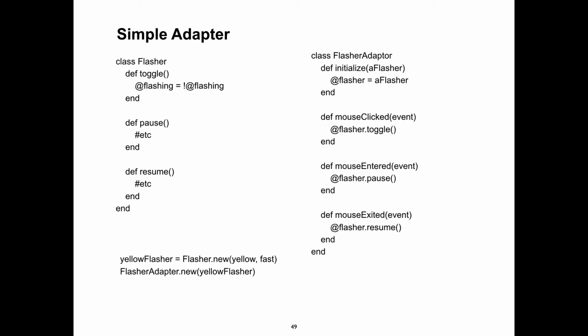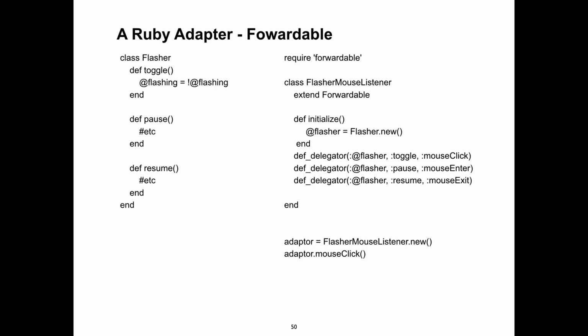Now, when we're doing simple adapting like this, we can parameterize it. In Ruby, they have this thing called forwardable. You basically create a table that says, look, on mouse click, just call toggle. Mouse enter calls pause.